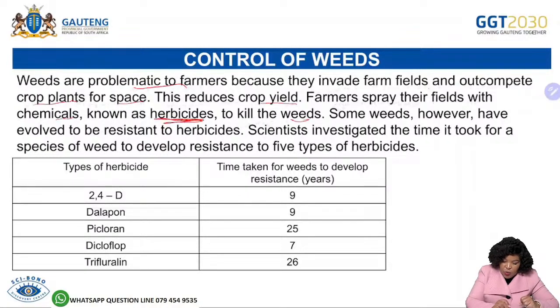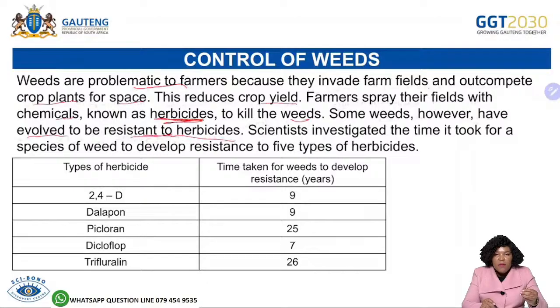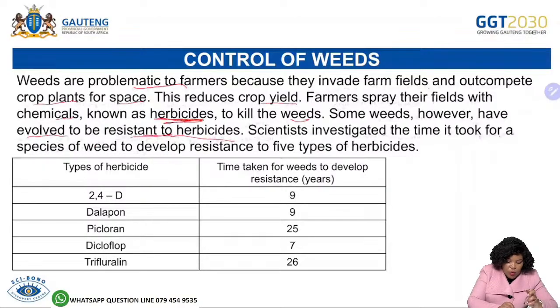To kill these weeds. Now, some weeds, however, have evolved to be resistant to herbicides. When we say they are resistant to herbicide, we mean that even if you spray the herbicide, it will not kill those particular types of weeds, meaning they will still survive. Scientists investigated the time it took for species of weeds to develop resistance to 5 types of herbicides. Right.